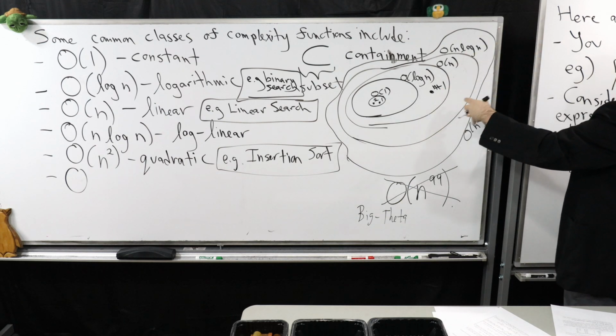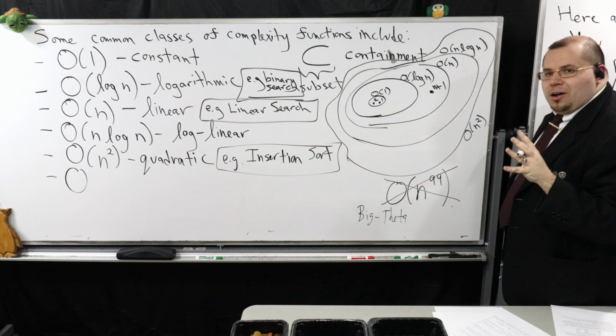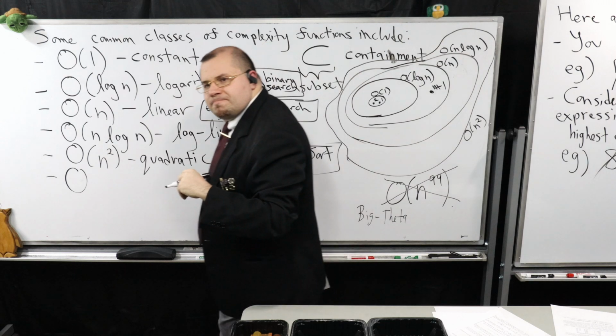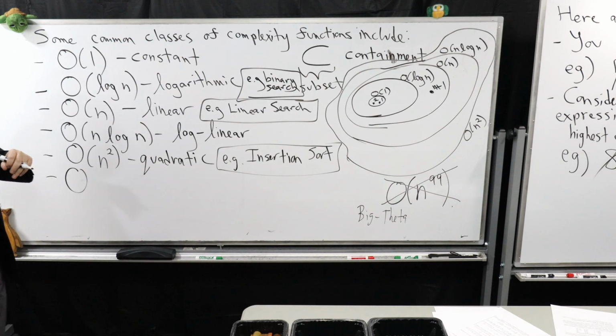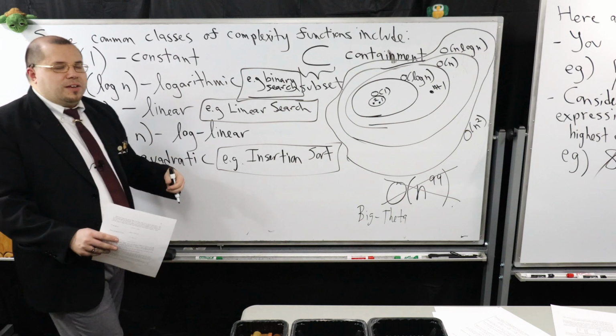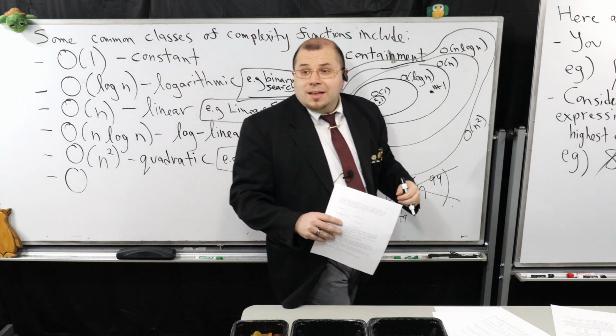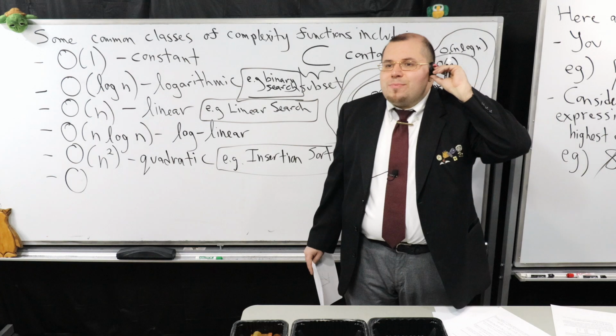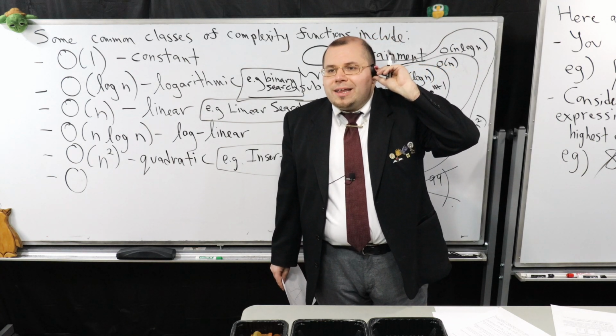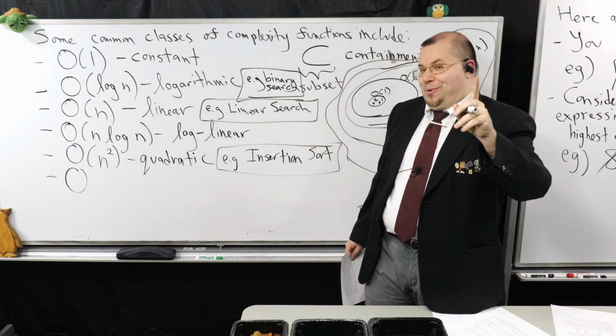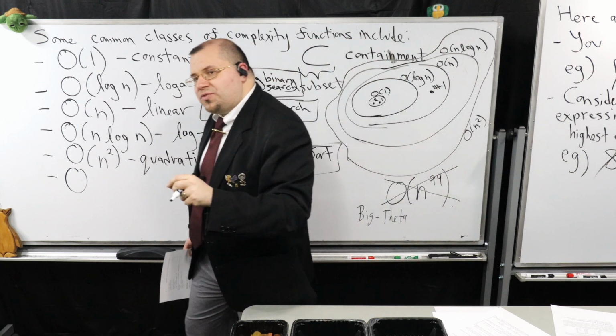But the point is that it's like a big nesting doll. So we're going to see how this plays out as we talk about different running times of algorithms. Can I say big O of log n is in big O of 1? The answer is no. And I'll be giving you some tools to do that today.